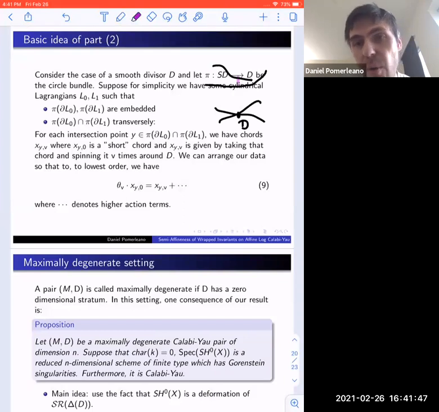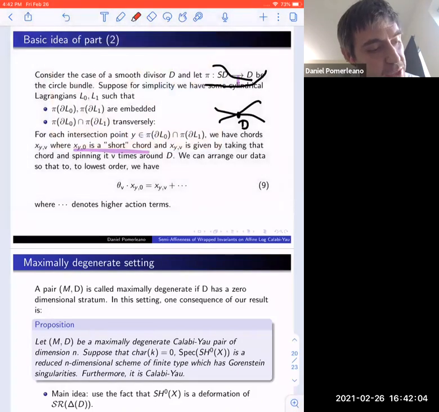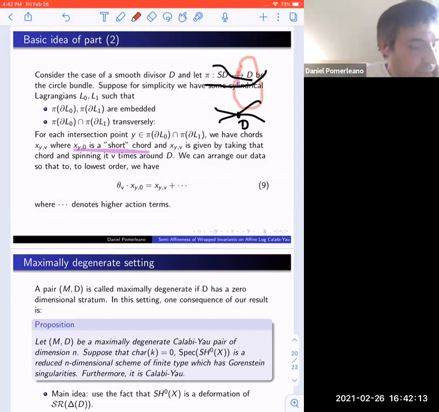So a short chord, which I'm calling XY0 here. And whenever you have the short chord, you get more chords by taking the short chord and spinning it. Now you have a circle flow, so you can spin it by the circle flow and get a chord that winds around once, twice, et cetera. For every multiplicity, you get another chord.